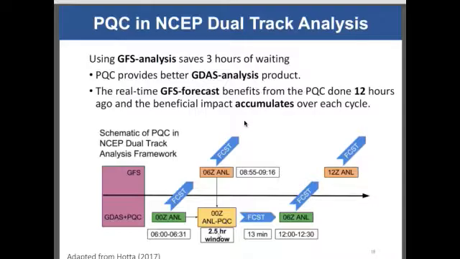I'm sure I didn't completely follow what you said, so I'll ask you later. But Hotta found that the identification of the detrimental observations was quite robust with respect to which analysis was used.